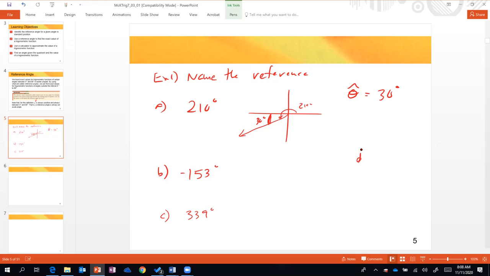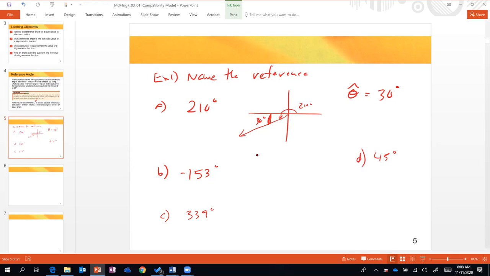Now I'm going to do B as well. B is 45 degrees. Let's see if we need to do one more. We probably won't get through this section today, but we still get a little bit here.